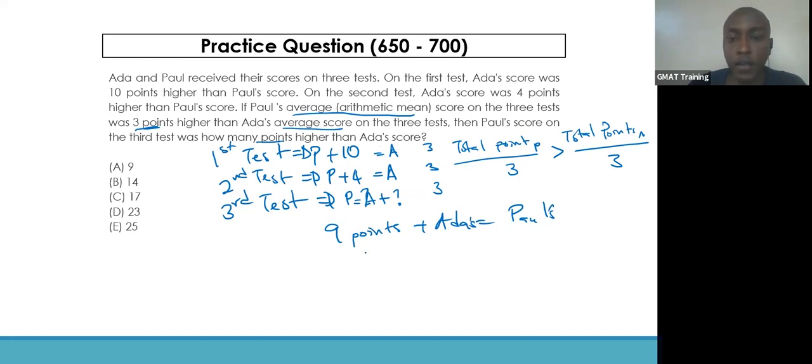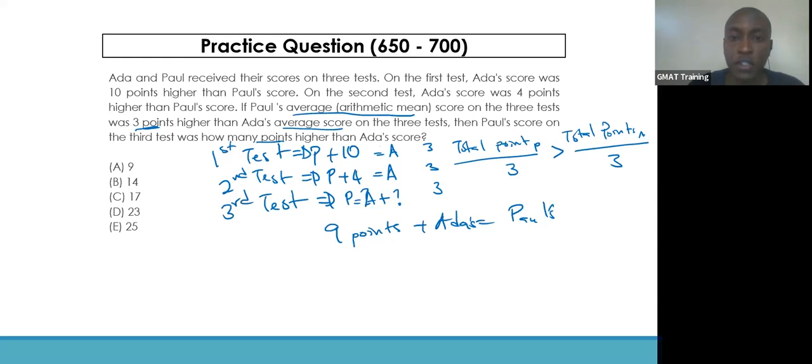All right, let me just repeat it. If Paul's average arithmetic score on the 3 tests was 3 points higher than Ada's average score, we're talking about average here. So it means Ada's plus 3 points for each test is what Paul achieved for all 3 tests.